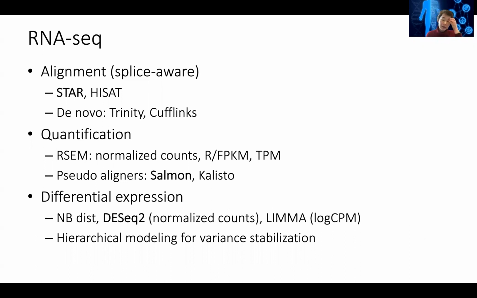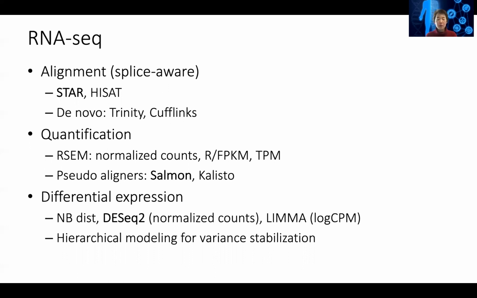And it also uses hierarchical modeling to shrink the variance by borrowing information from nearby genes or genes with similar expression levels, so that if you have limited replicates, in order to estimate a variance accurately, it can look at other genes with similar expression to get a more accurate estimate.